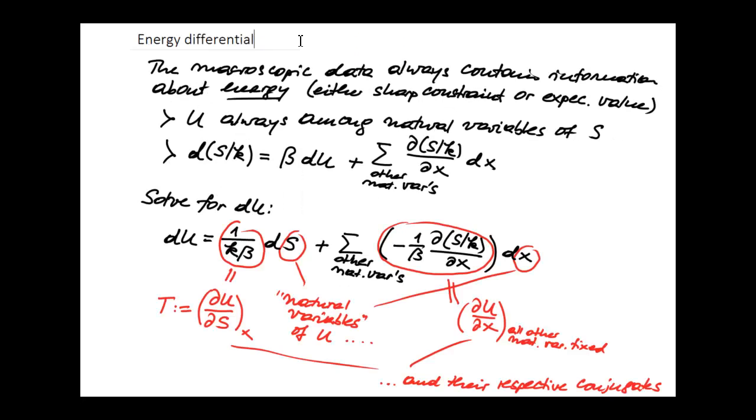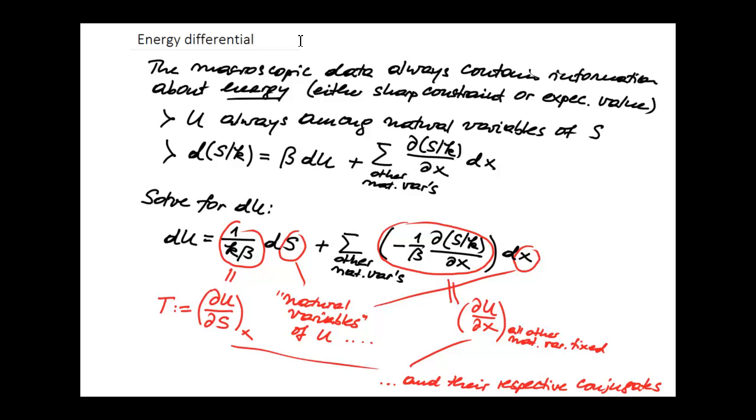To this purpose, let's go back to the energy differential. You see the coefficient in front of the dS. We said this is the temperature. That's what we define as our temperature. But what's in front of the dS is also equal to 1 over k beta.